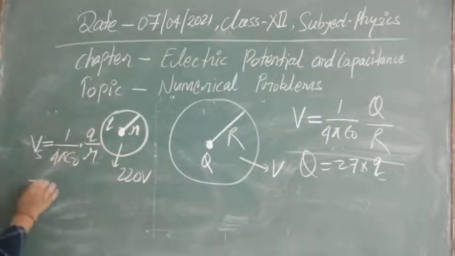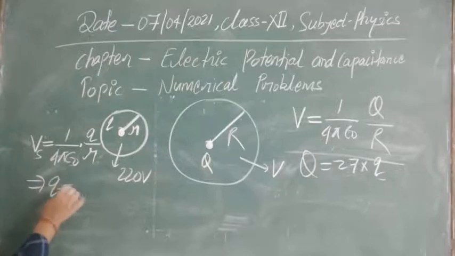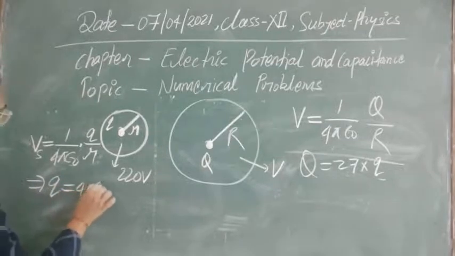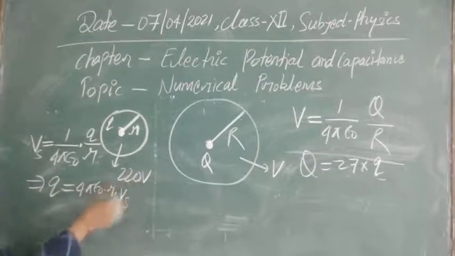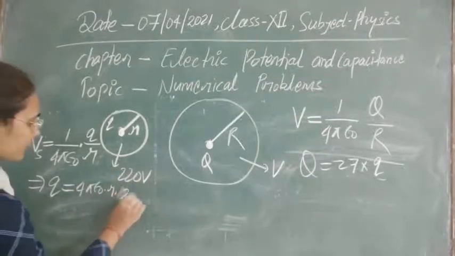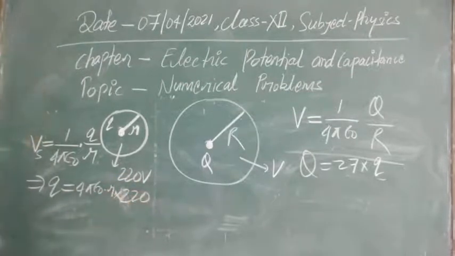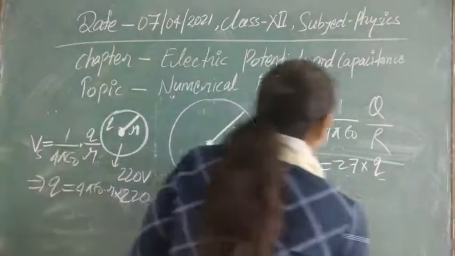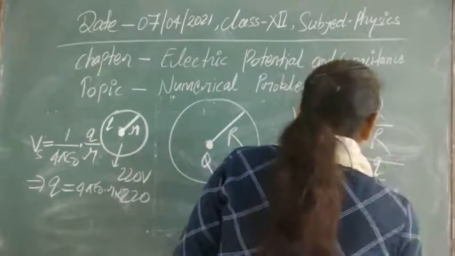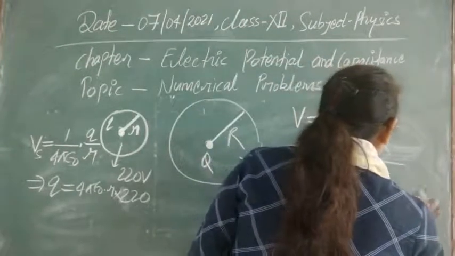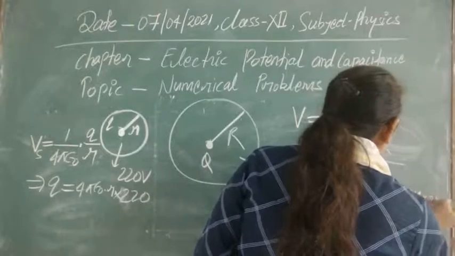From here, q will be equal to 4 pi epsilon 0 r times Vs, and the value of Vs is given as 220 volt. So we can write 220 volt here. Now we know the value of Q: this is 27 into 4 pi epsilon 0 into r into 220.